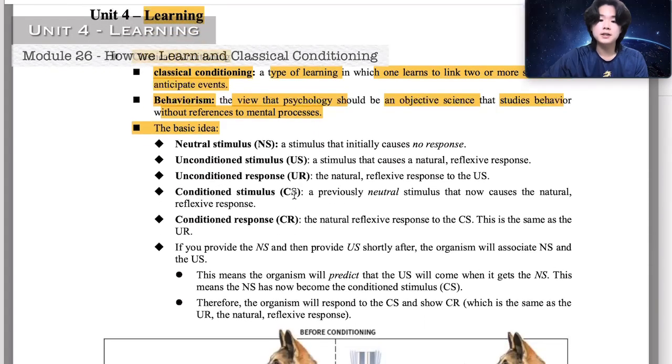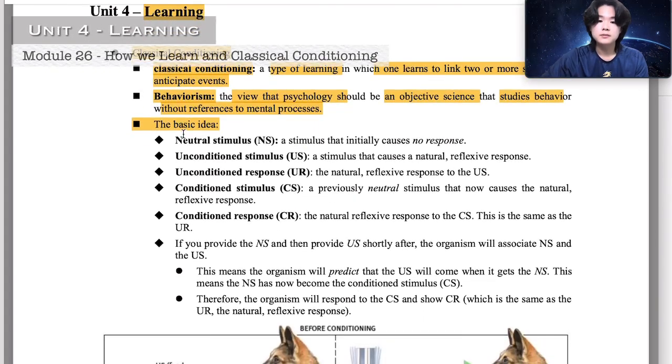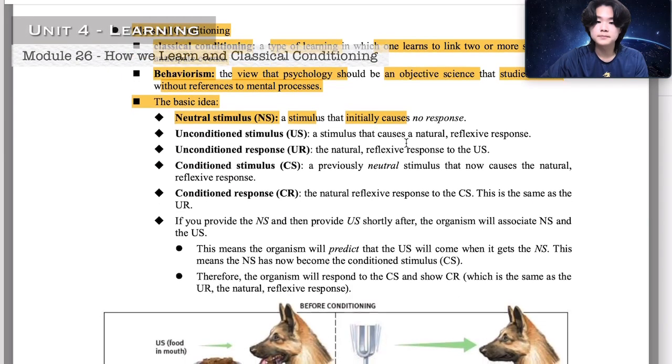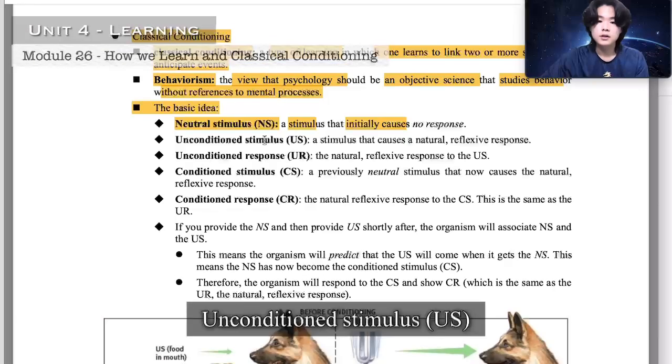Now, the basic idea here is the neutral stimulus, called the NS for short, which is a stimulus that initially causes no response. Another stimulus is the unconditioned stimulus, called the US for short. It is a stimulus that causes a natural reflexive response.